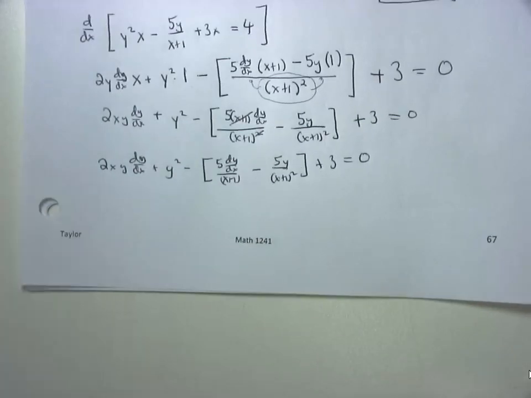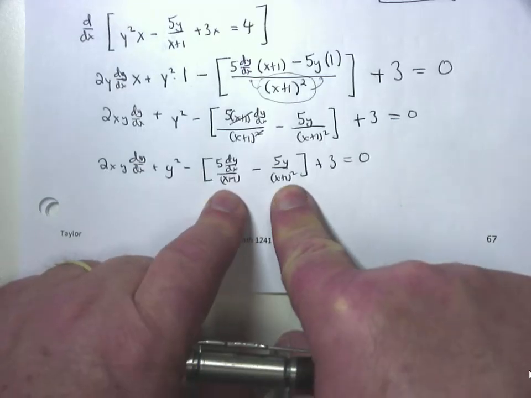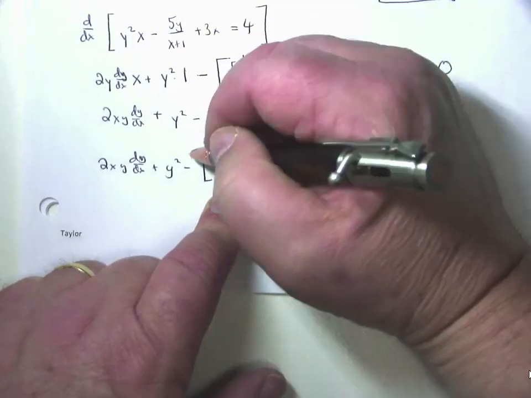If you'll notice what I'm doing here, I'm not skipping a step. I'm making sure you guys can follow this, because one false move will make this problem all wrong. So I've cleaned up inside my parentheses, and I've created two fractions. Now this negative is going to distribute.